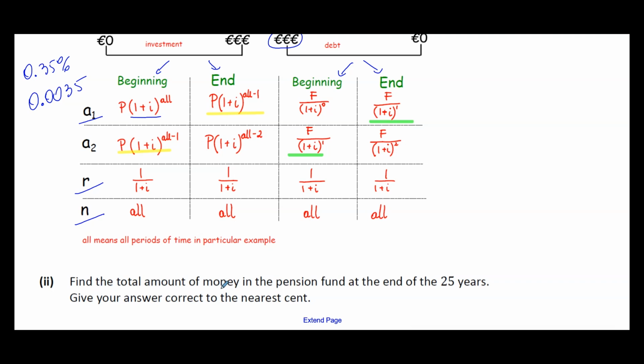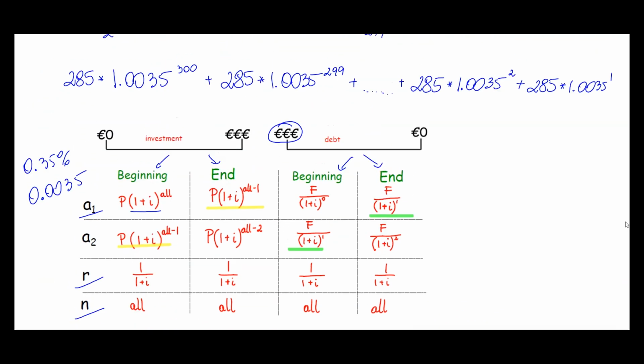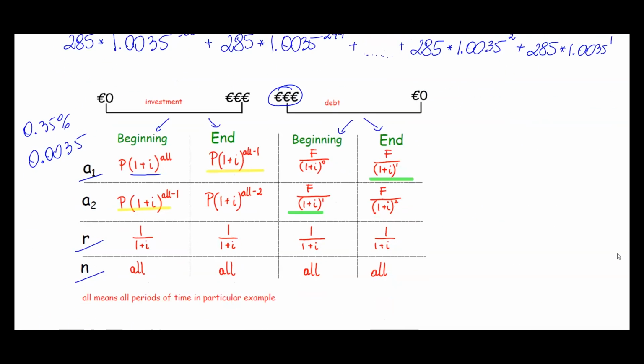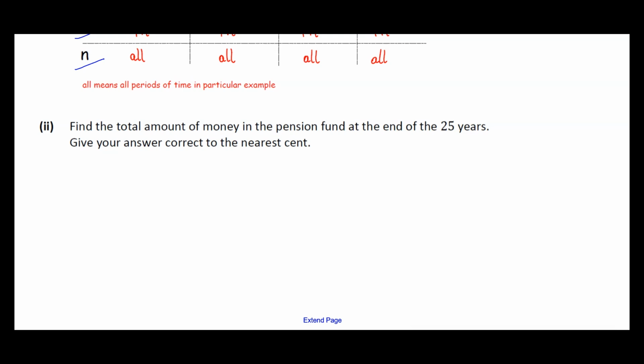So therefore, we have to find the total amount of money in his pension fund after the 25 years. So now all I have to do here is to fill in those values into my SN formula. So let's write that formula again. So my SN, and that will be what? 300, because that's how many terms I am adding.